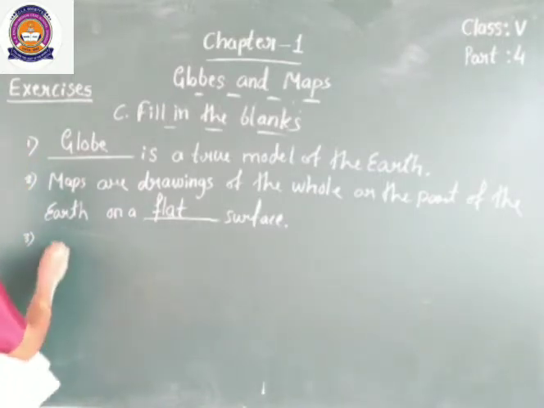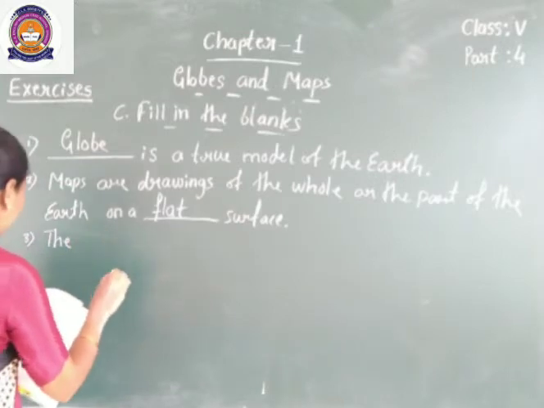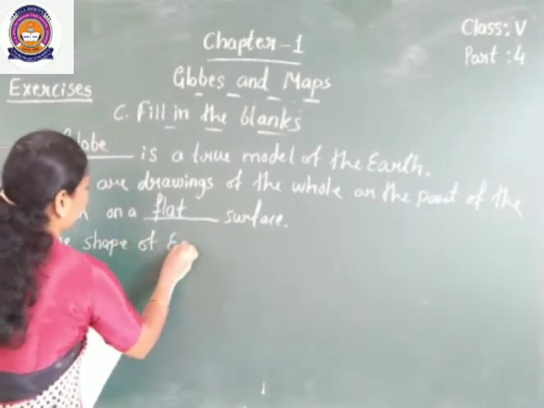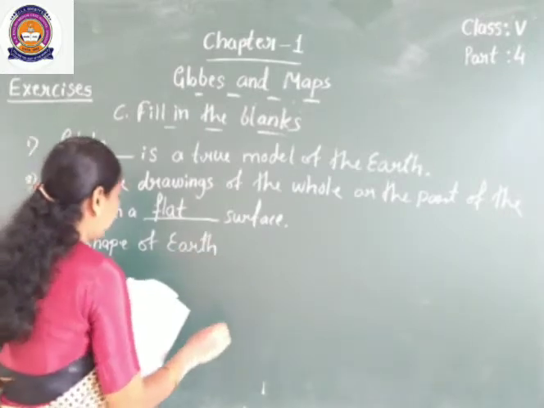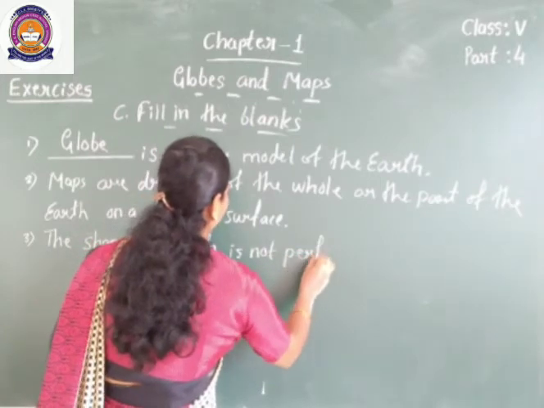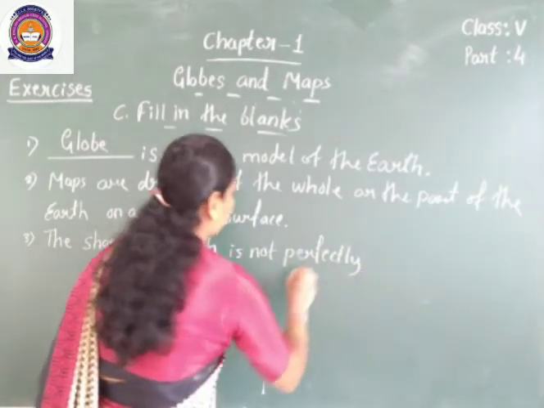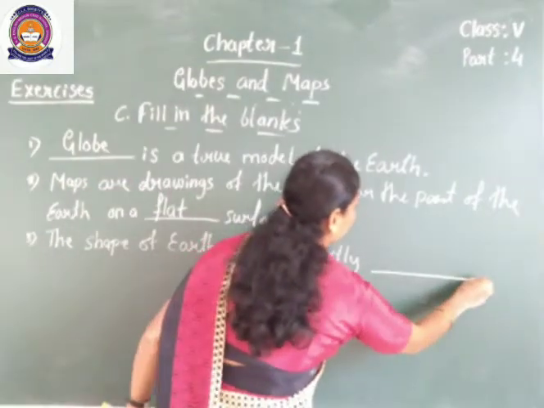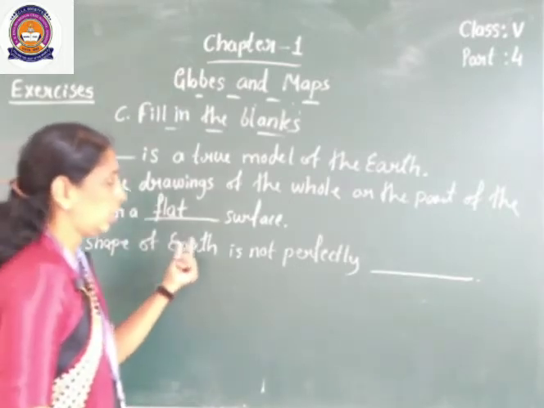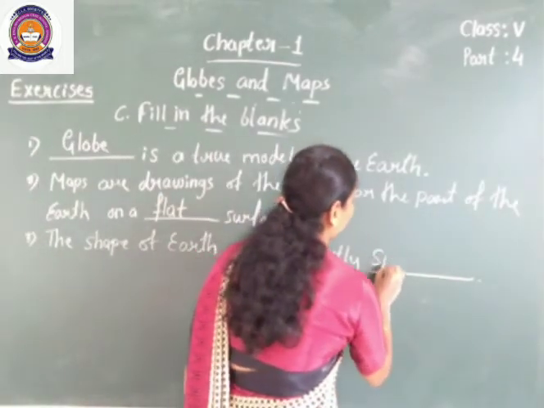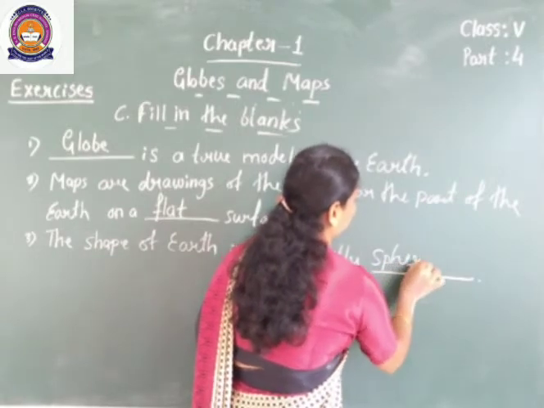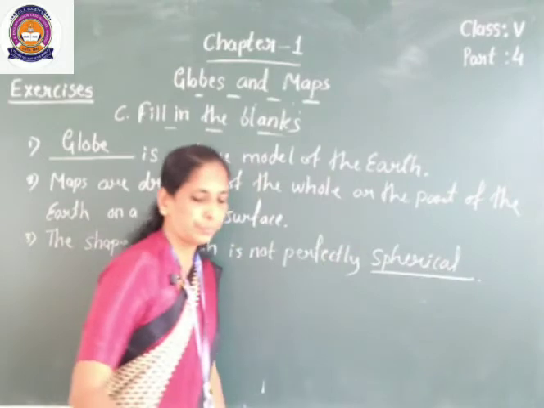Question number 3. The shape of the earth is not perfectly dash. Okay. The shape of the earth is not perfectly spherical.